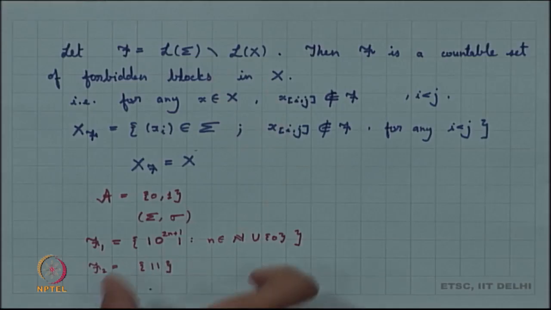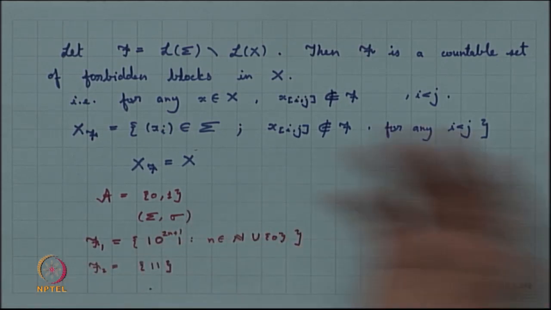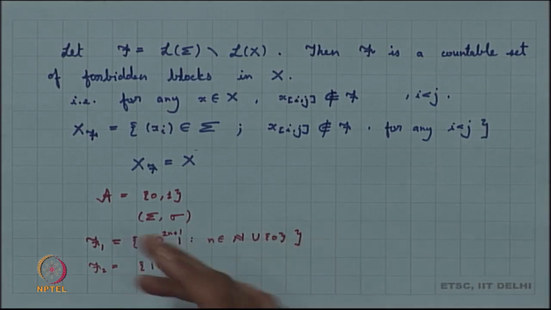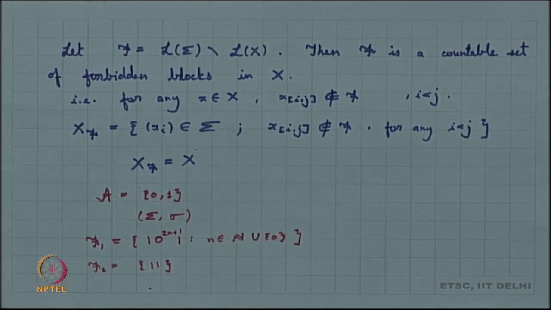In the first case, I cannot have a finite representation of this block, because we are avoiding all kinds of odd numbers of zeros between two ones. So this F1 cannot have a finite representation, but my F2 has a finite representation.